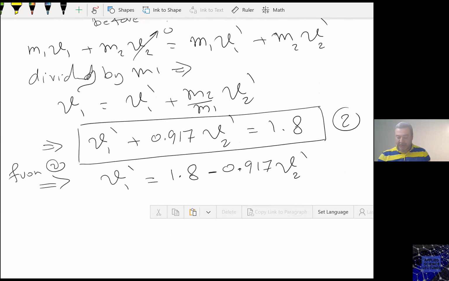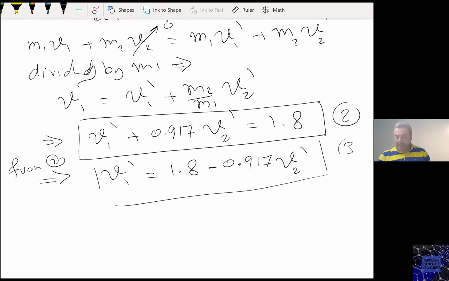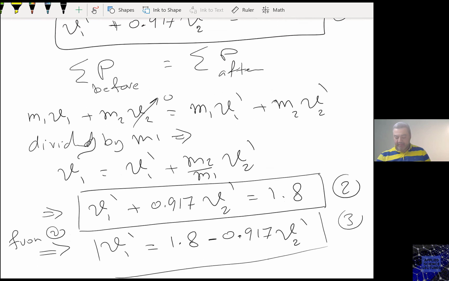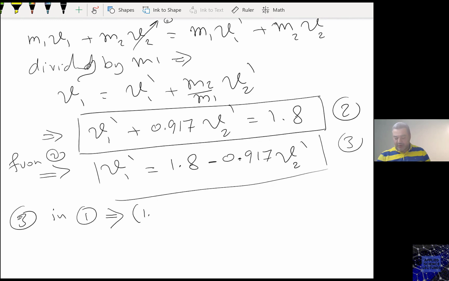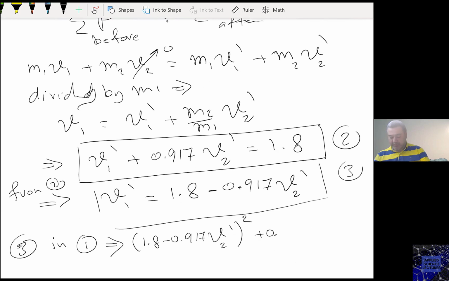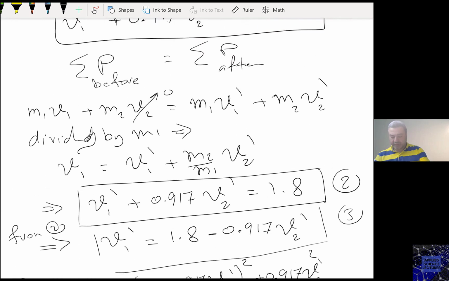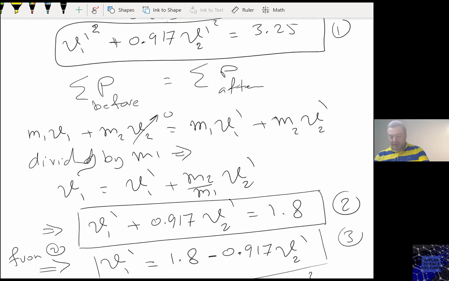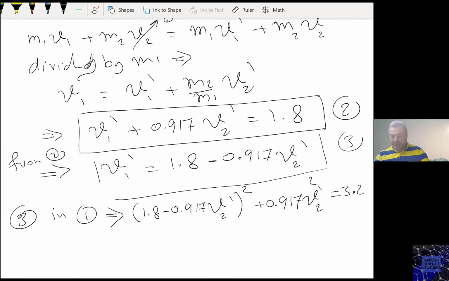Now substituting this one, if I call this one 3, into 1, what do I get? 1.8 minus 0.917 V2 prime, the whole thing squared, plus 0.917 V2 prime squared equals 3.25.